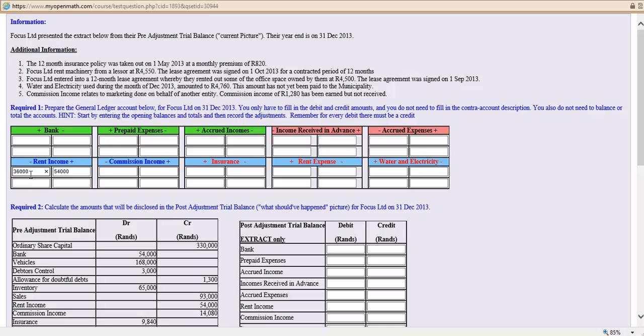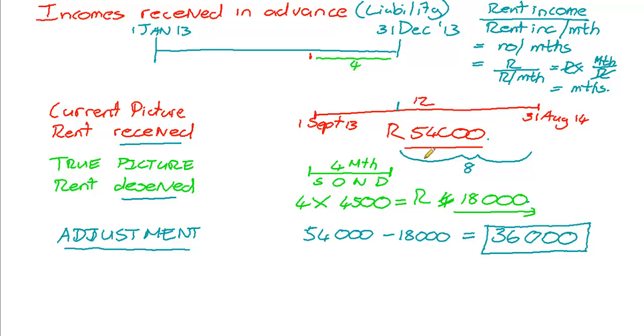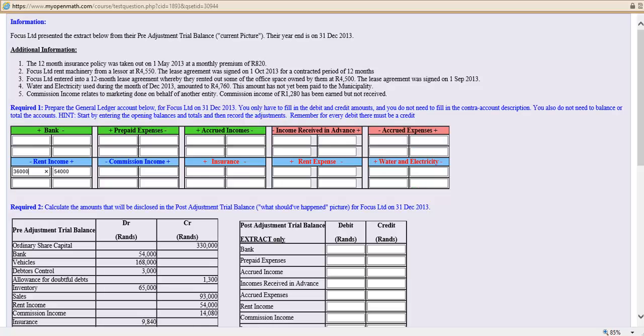Every debit needs to have a credit. And because we have received the money for the last 8 months, but we've not yet actually provided the office space, we owe the other party the service, and thus we have a liability. So we're going to record a liability, and the correct one is the income received in advance.